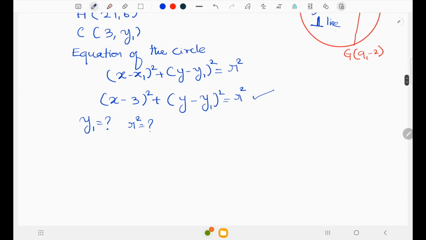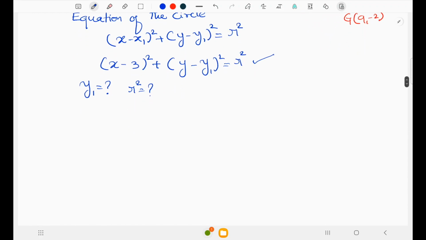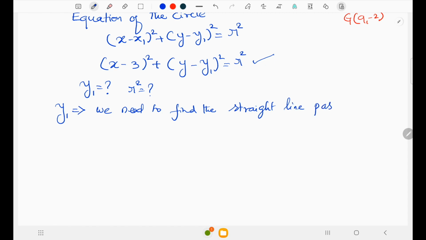Okay, to find y1, we need to find the equation of the straight line passing through the center.